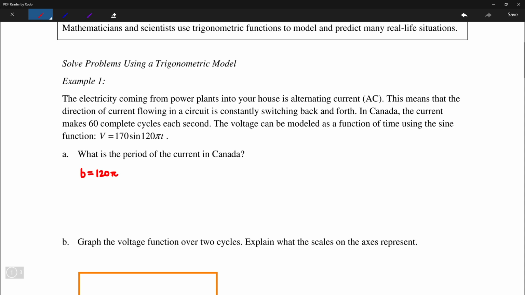And recall that the period is equal to 2 pi divided by b. So in this case, we have 2 pi divided by 120 pi, and we have that the period is equal to 1 over 60. And the unit in this question is in terms of seconds. So this is 1 over 60 seconds.